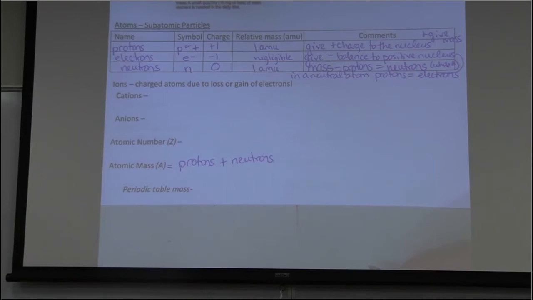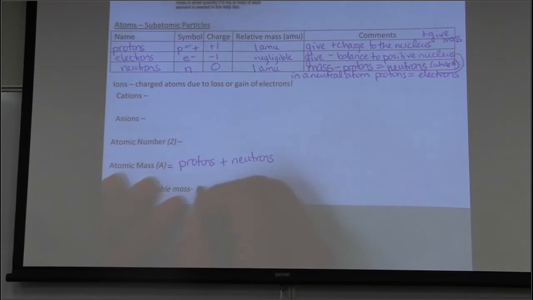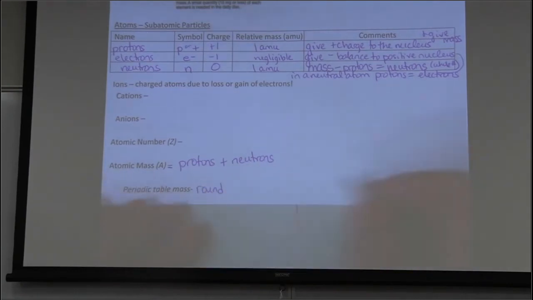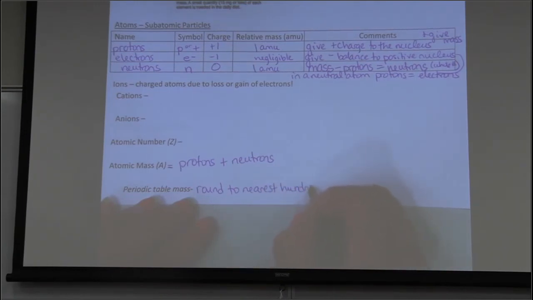If you get the mass from the periodic table, I have a rule, and that rule is round it to the nearest hundredth. So in my class, on my test, everything else, round to the nearest hundredth. That's 2 decimal places. That way we're all the same.